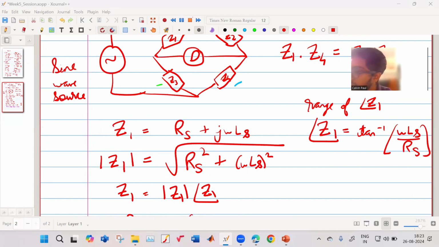Niranjan and Yasmini, what is the range of the angle of Z1? 0 to 90 degrees. Correct.